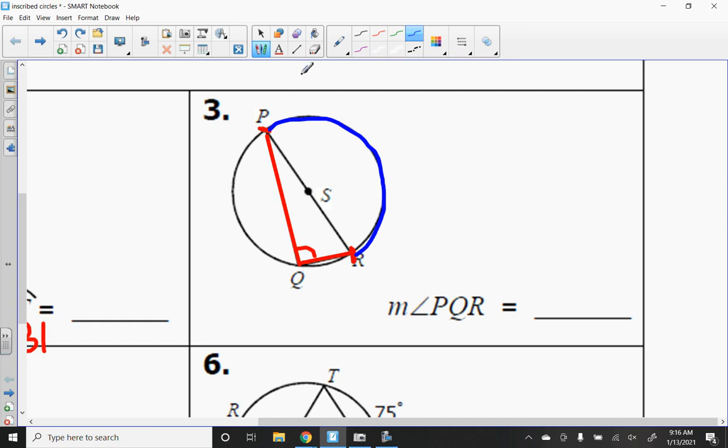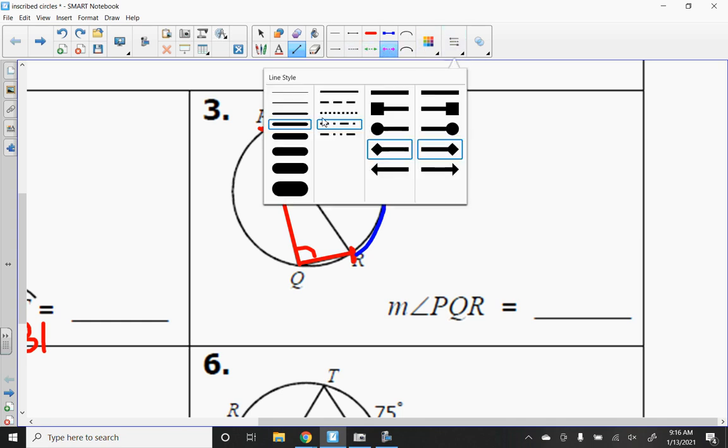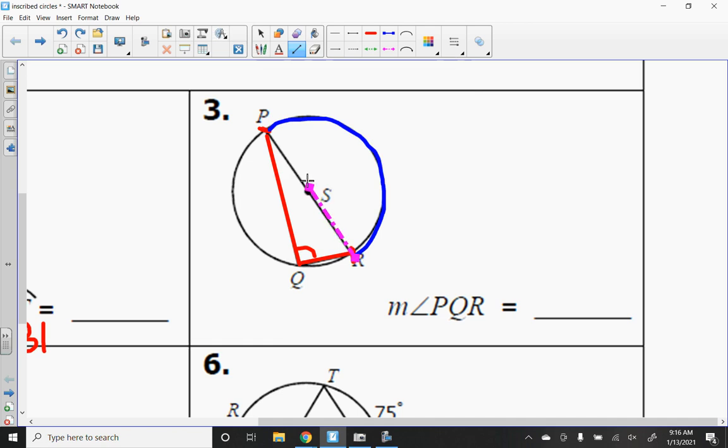Now also, first time we see this, anytime you have a diameter, you got to pay attention to that. So this is on a diameter. That means that right there is a half circle. So any angle that has endpoints on a diameter. So the diameter P to R, and this angle is on that. This is always going to be a 90-degree angle.